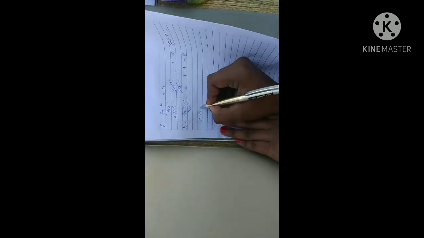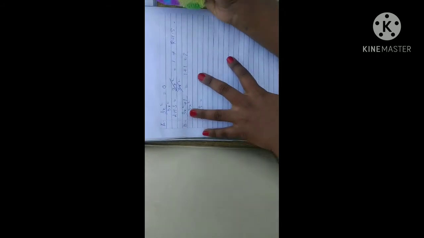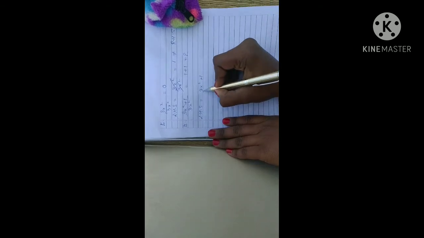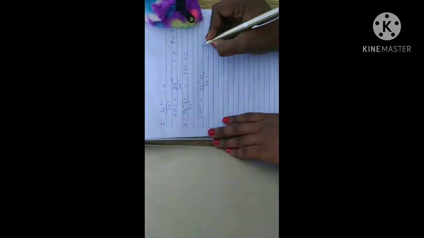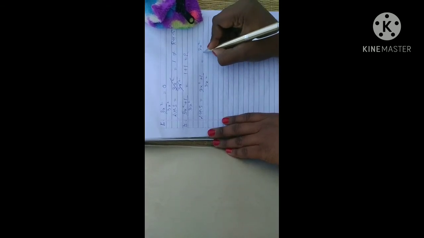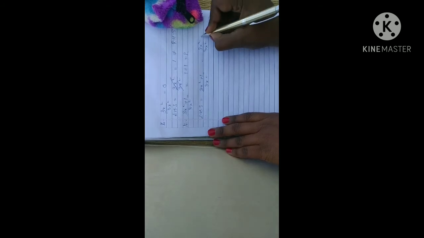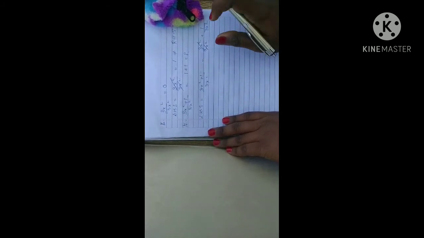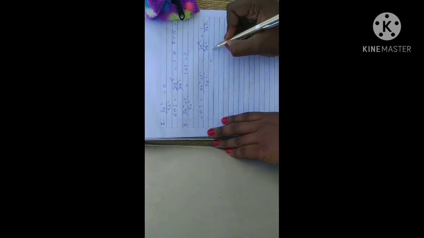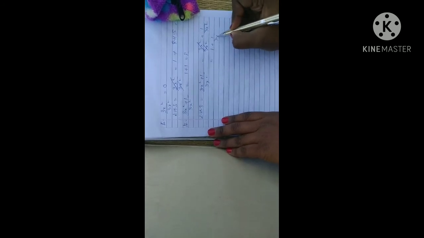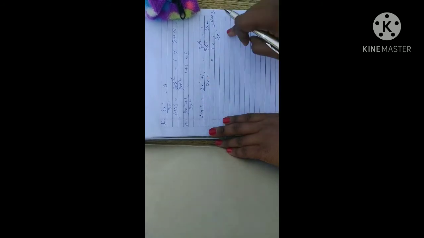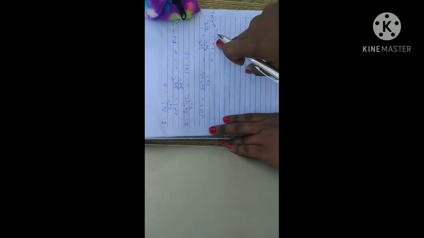See, LHS is equal to (3x square plus 1) divided by 3x square, which is equal to 3x square divided by 3x square plus 1 divided by 3x square. 3x square cancel, which is equal to 1 plus 1 upon 3x square. So this is not equal to 2, which means it is not equal to RHS. So the corrected statement is this.